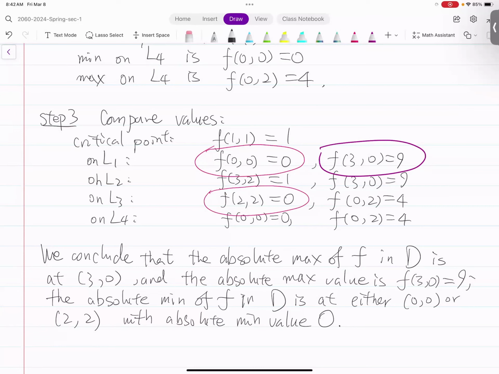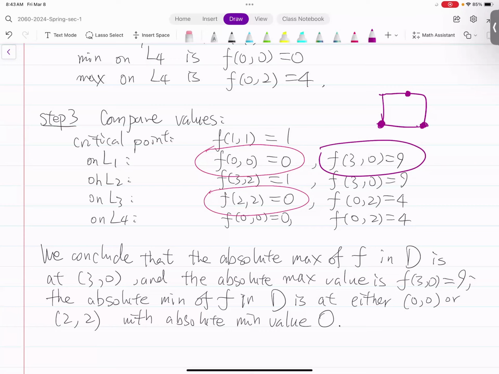So if you think about that rectangle right here, then what do we know? (0, 0) is actually the lower left corner, right? And (2, 2) is somewhere right here, so x equal to 2, y equal to 2, right? And the maximum is attained when x is 3, y equal to 2.